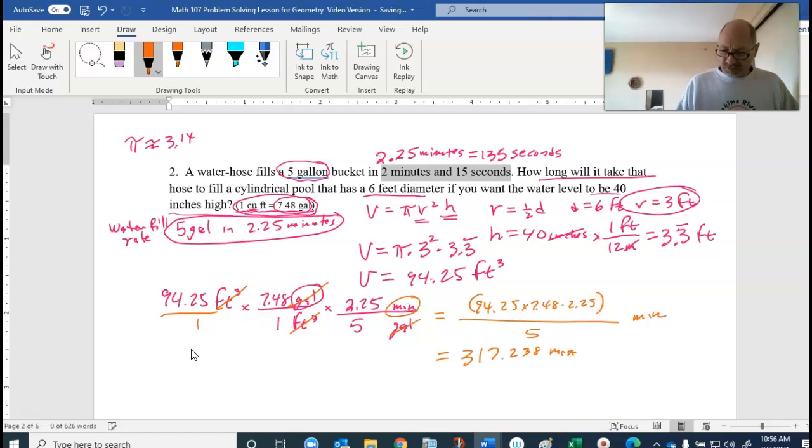And now we might want to convert minutes to hours because that's a large number of minutes. Well, how much is that, right? Well, to change minutes to hours, of course, you divide by 60. That'll get rid of minutes.